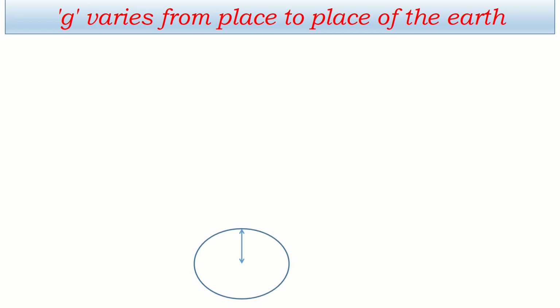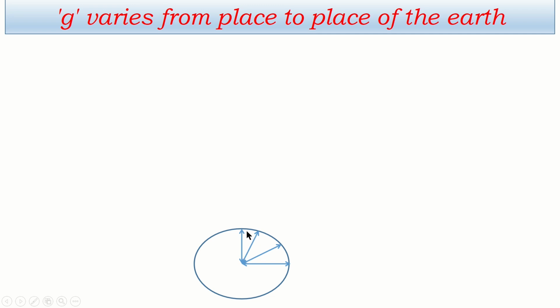Let's say this is the earth, and this is the radius of the earth at the pole. This is at the equator, and this is somewhere at another place, and this is also at another place. It means the radius keeps on increasing from the pole to the equator, and it becomes maximum at the equator. And when the radius is less, g will be more, and that's why g will be maximum at the pole.